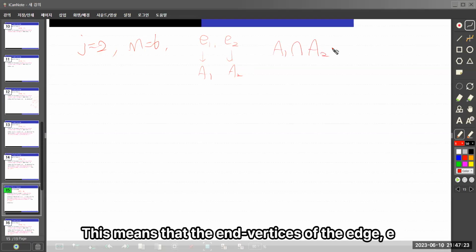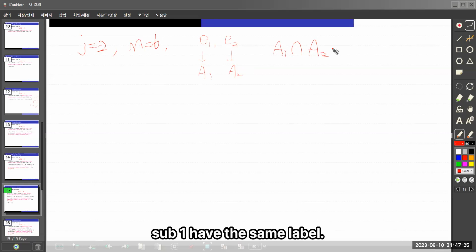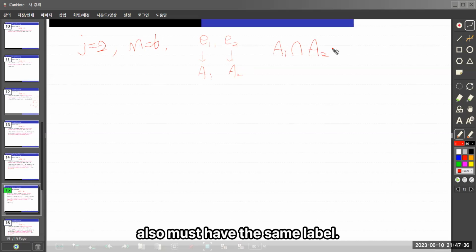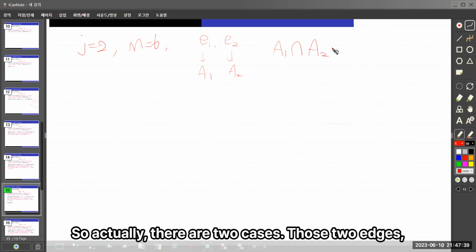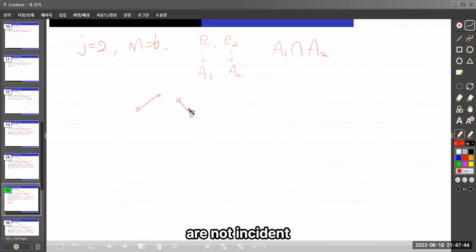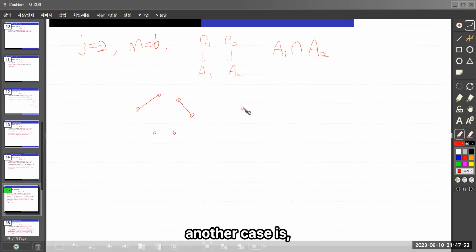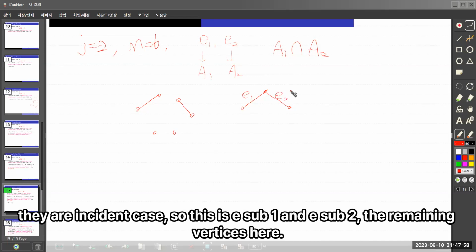This means that the end vertices of the edge e_1 have the same label, and the end vertices of the edge e_2 also must have the same label. So actually there are two cases. In one case, those two edges are not incident. Because n is equal to 6, we have this situation. Another case is that e_1 and e_2 are incident, and the remaining vertices are in here.